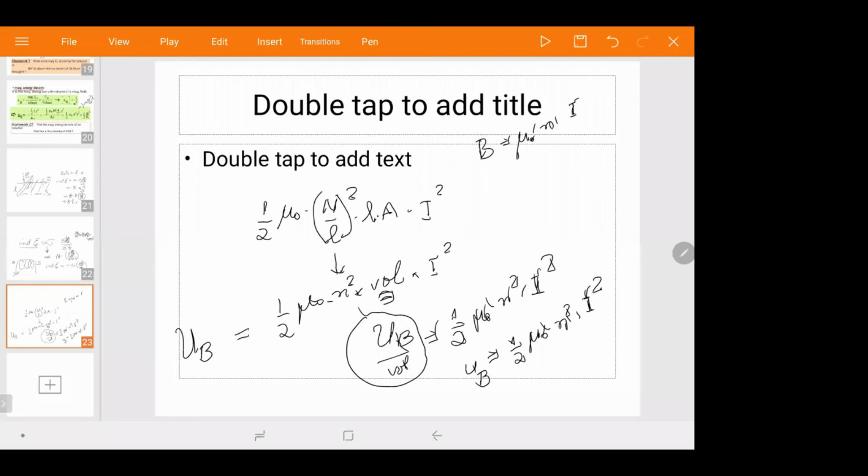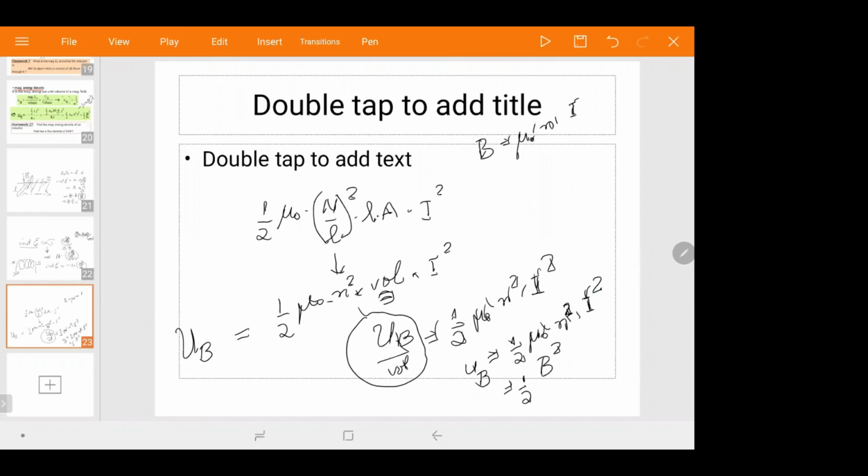But there is a square on I, and there is a square on turn density. So I'm sure you come to the conclusion that if I have a square on mu, the constant of proportionality, then I can get B squared. Yes, of course. So you have here a half B squared.